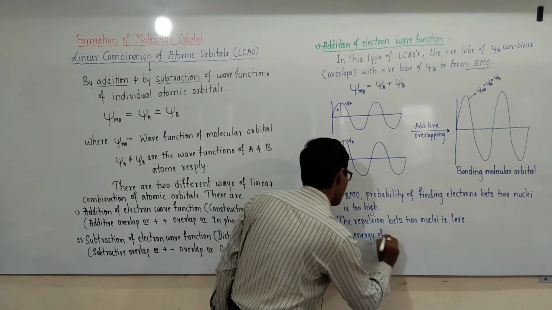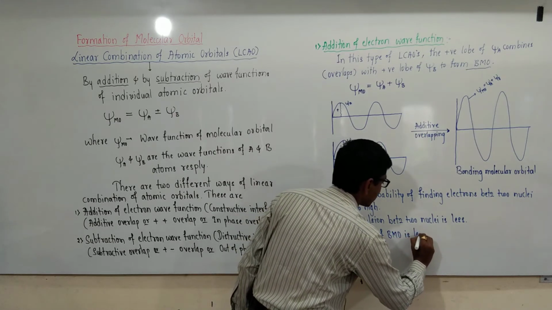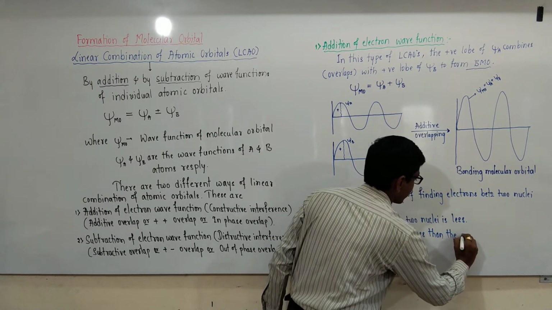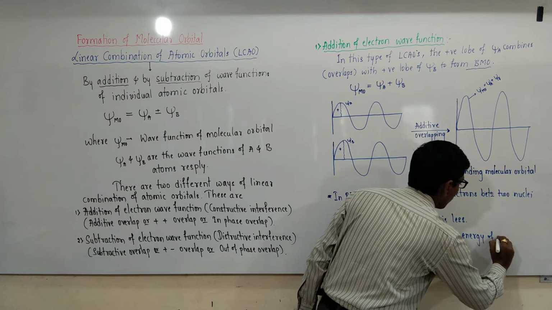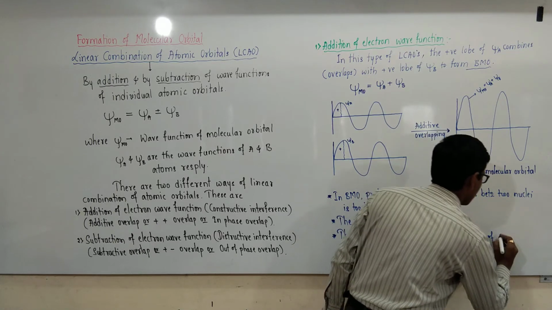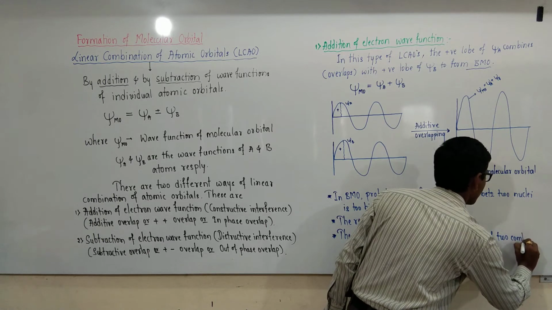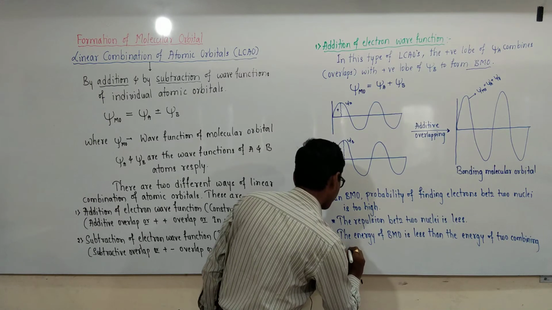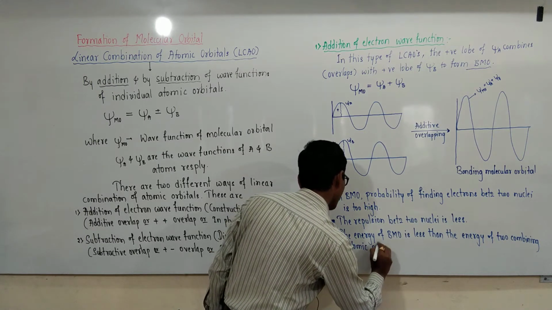The energy of bonding molecular orbital is less than the energy of the two combining atomic orbitals.